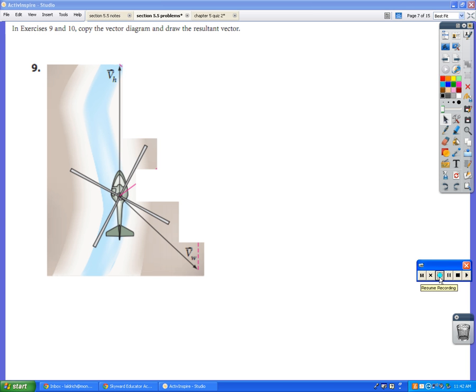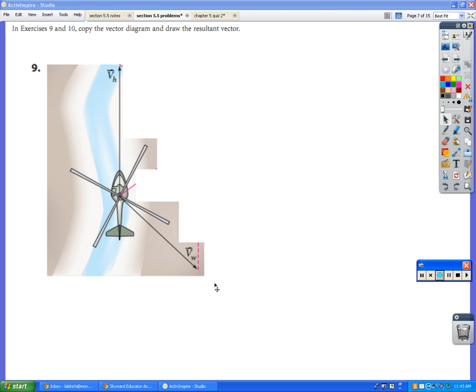We did not talk about vector diagrams when we were playing with the iPads yesterday, okay? So let's do that real quick. The way vector diagrams relate to parallelograms is in this situation here, you have a helicopter that is trying to fly this way, but the wind is also at the same time pushing it that way, okay?